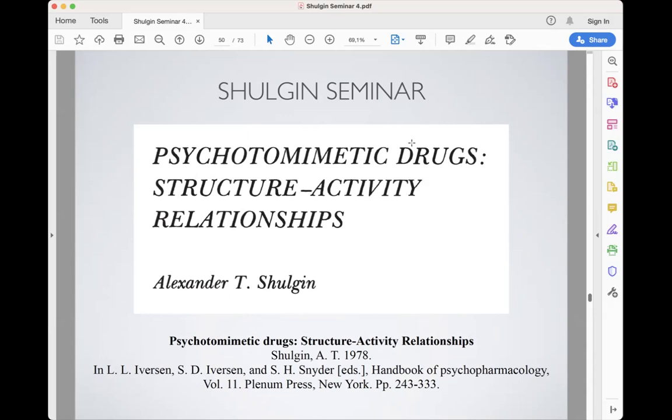It is interesting because it is a systematic presentation, right? A systematic presentation of all important compounds known at the time, not only phenethylamines but also other families of compounds, like tryptamines.